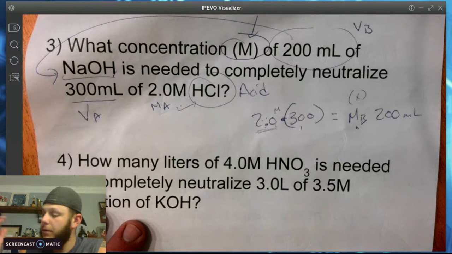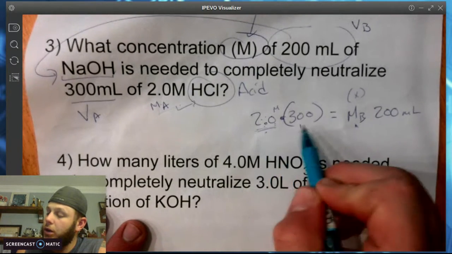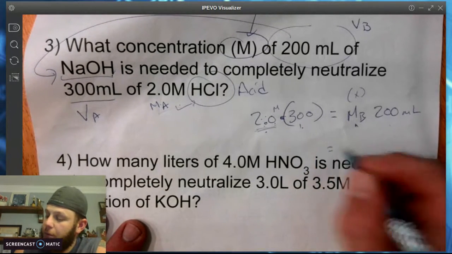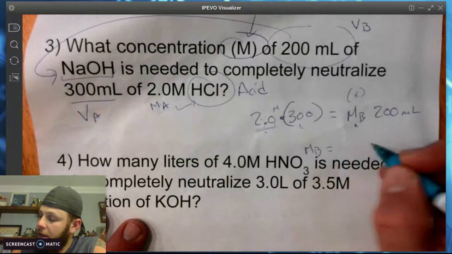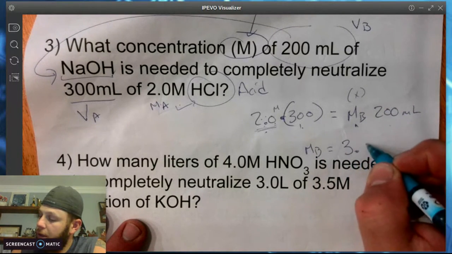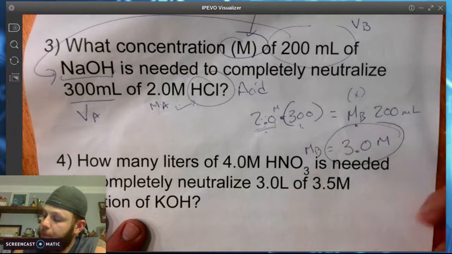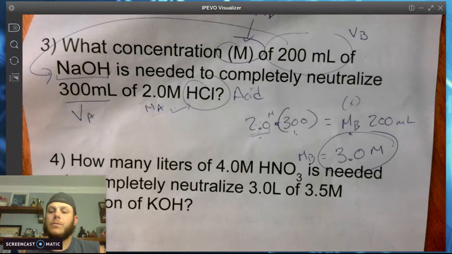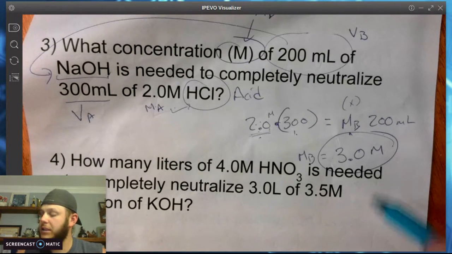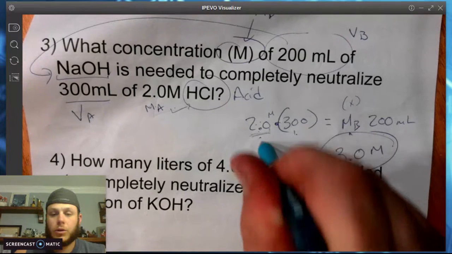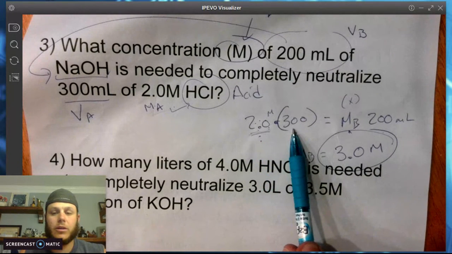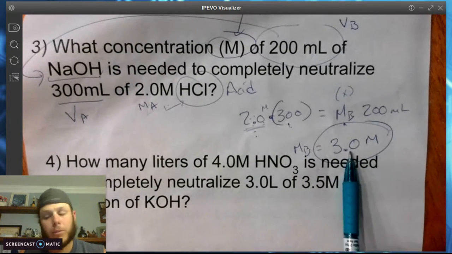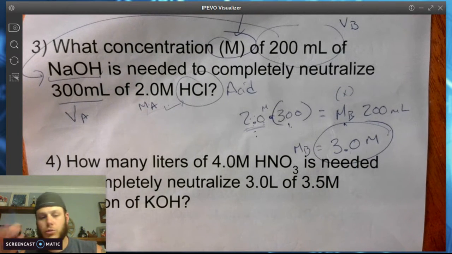The math goes like this: 2 times 300 is 600. Divide 600 by 200, and MB equals 3.0 molar of my NaOH solution. So if I had 300 milliliters of a 2 molar acid solution, I would have needed 200 milliliters of a 3 molar base solution to neutralize it.